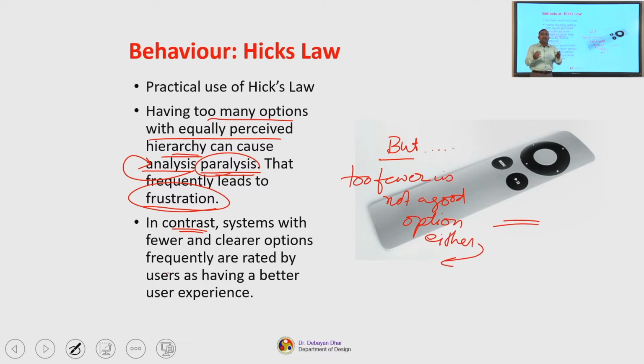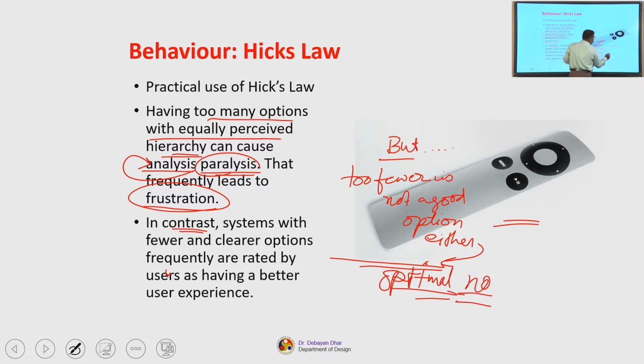It will also lead to a situation where your brain will not be able to take a call on the various options that need to be understood and accessed by these fewer options. So, a threshold value, an optimal number, is required. Therefore, we said that 4 to 5 options are good for a better user experience.